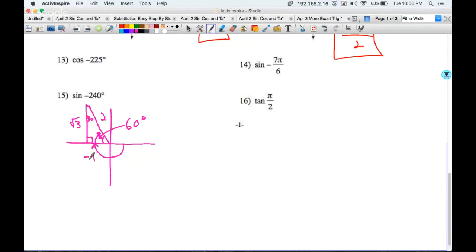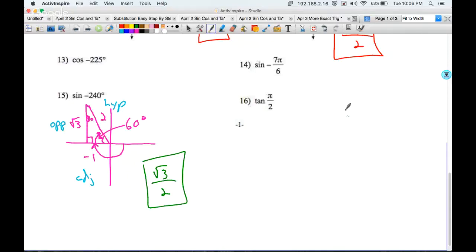I remember to make this one negative. This is the opposite. This is the adjacent. Here's our hypotenuse. Sine, opposite over hypotenuse. So square root of 3 over 2. All right, we can double check with our calculator.